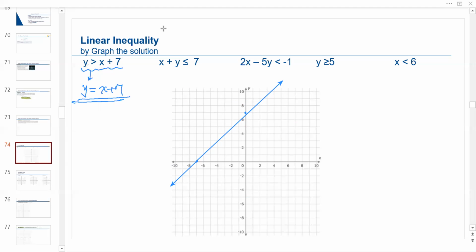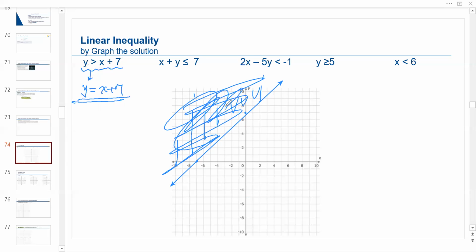So they need to know y greater than this one. So you need to find the area above this line. Above this line will be met. Is it including this borderline? No, they are not, right?